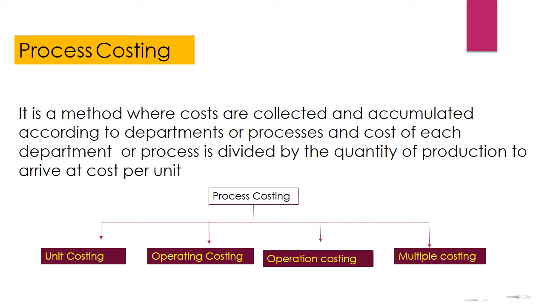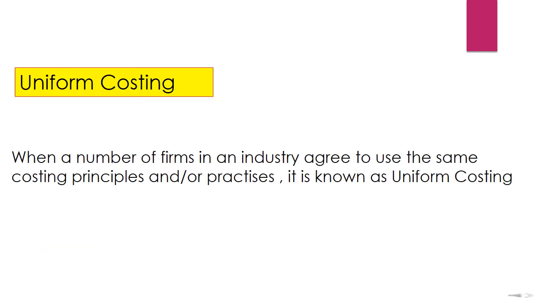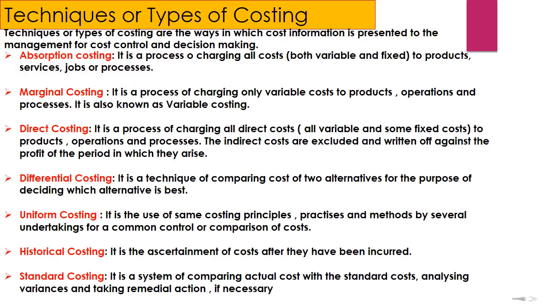So we are using multiple methods of costing, that is the multiple or composite costing. Sometimes the firms of an industry agree to use the same method of costing. And this is called the uniform costing. It will help them to compare the cost of production and many other factors.